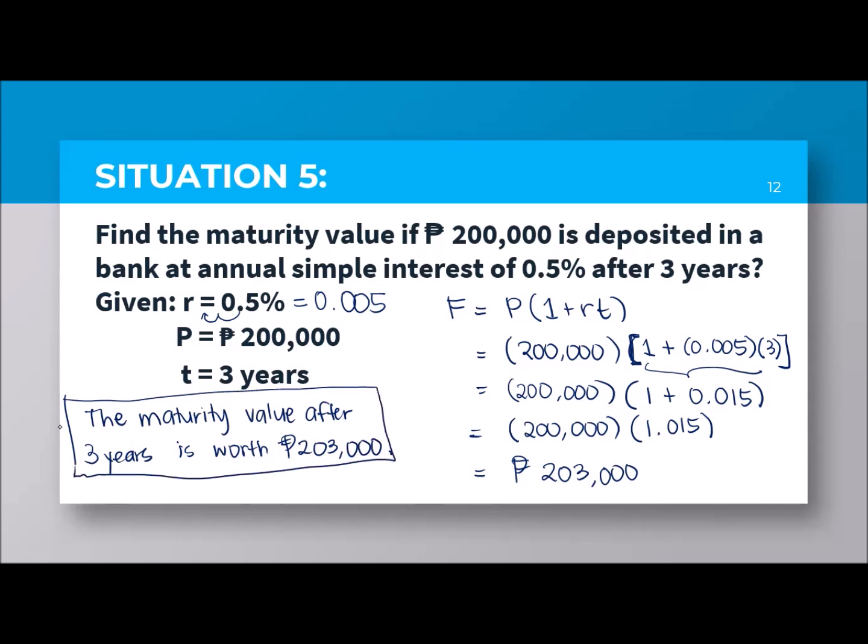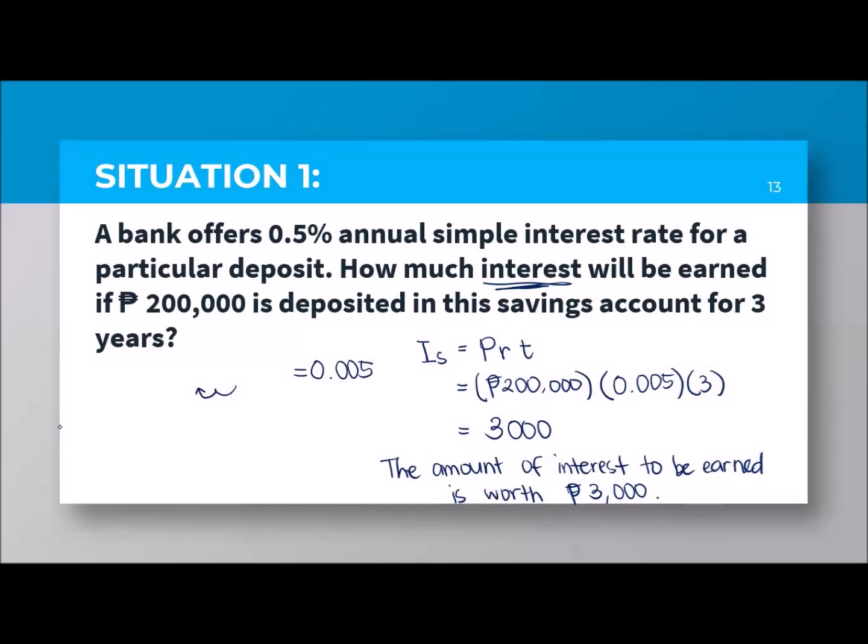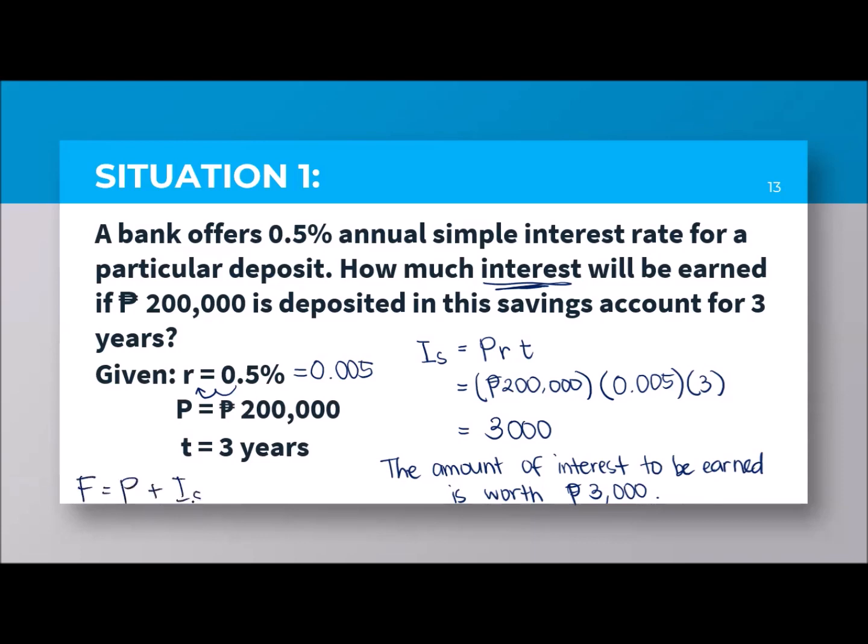Balikan natin yung situation number 1 kanina. Kung mapapansin ninyo, yan po ay 3,000. Ang na-earn ay 3,000. So, ibig sabihin, idadagdag lang natin iyan. So, the principal amount plus the interest. So, ang principal amount natin ay 200,000 pesos. Yung nakuha nating interest ay 3,000.